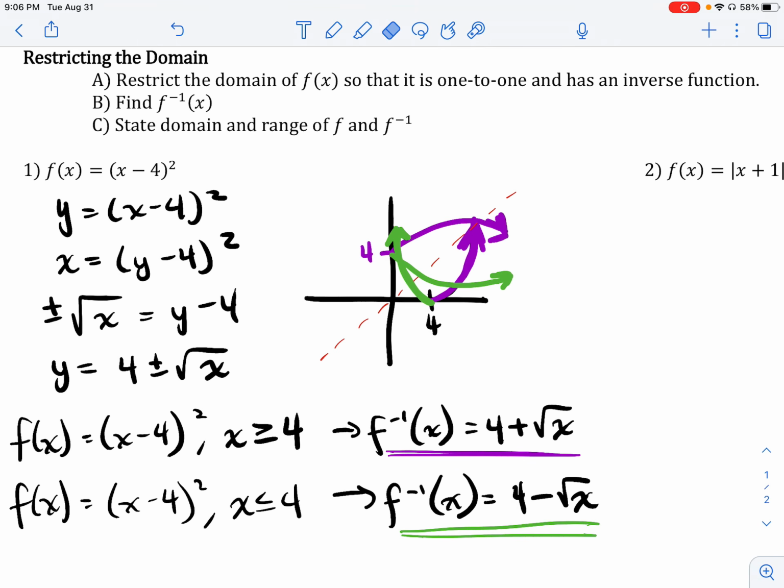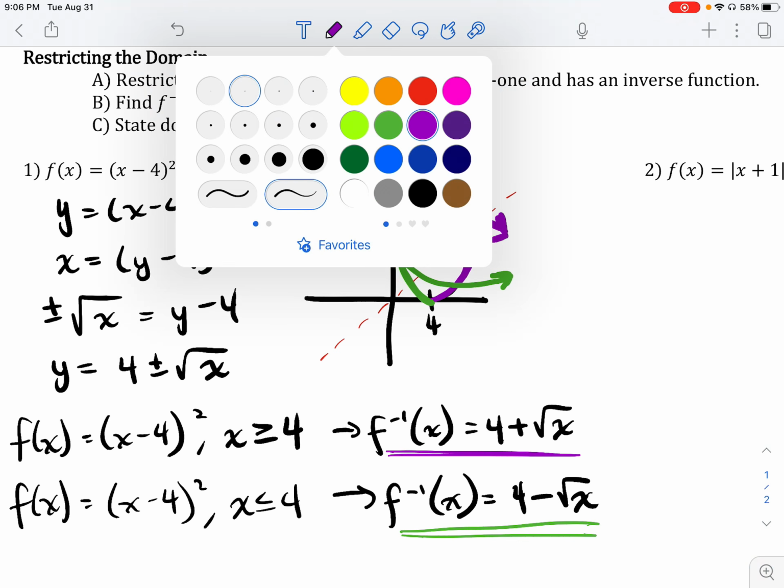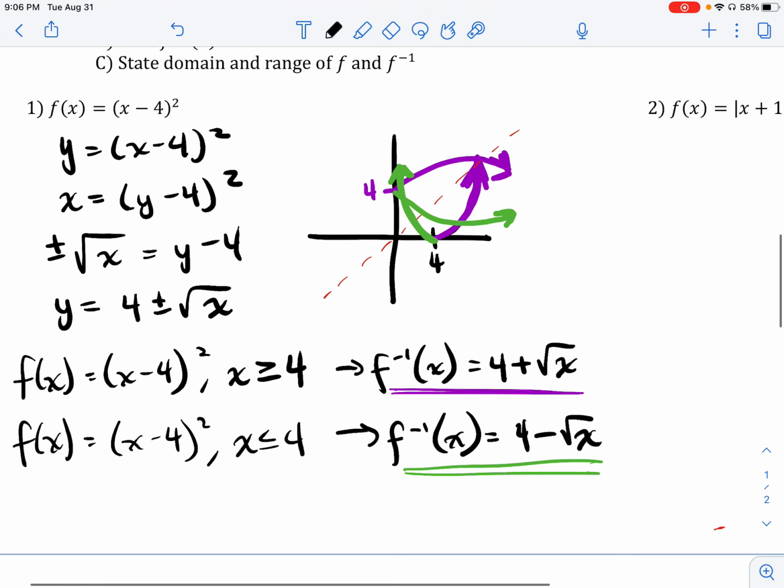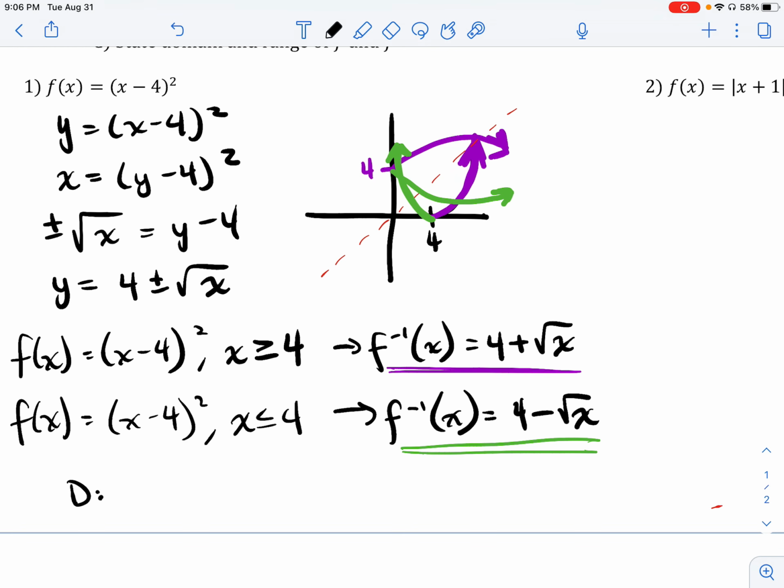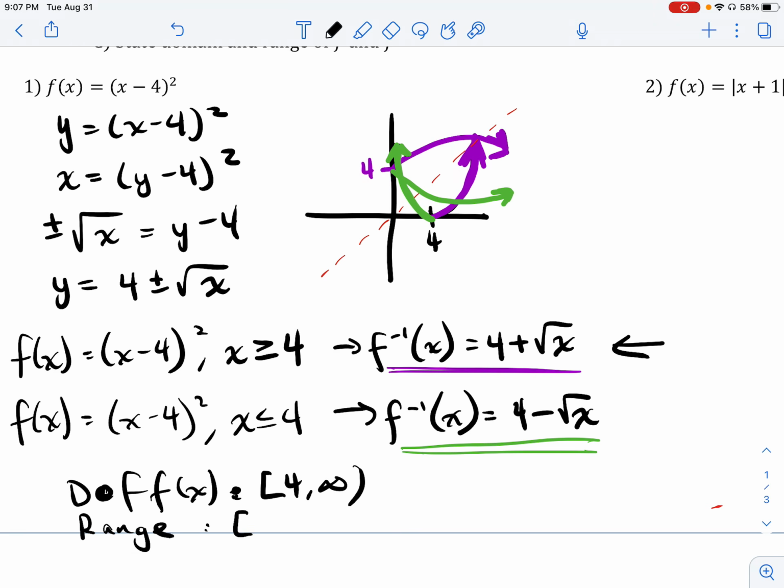So now that we have that, let's have a quick conversation about the domain and range. So we know that the domain of our function, suppose we went with this one, we would say the domain of f of x was 4 to infinity. Okay? In which case, the range of this function, if we choose 4 to infinity, was 0 to infinity.